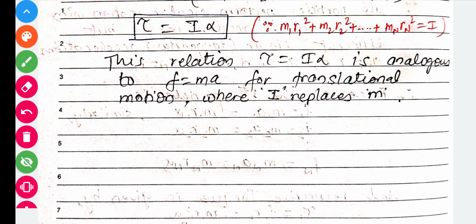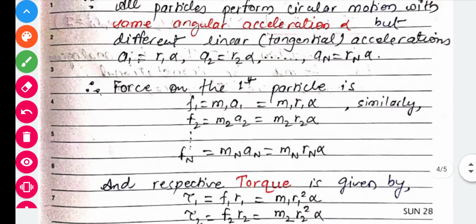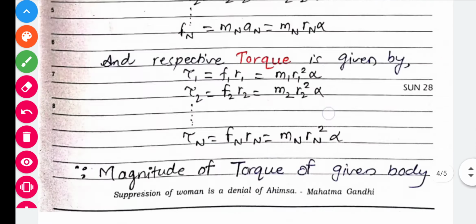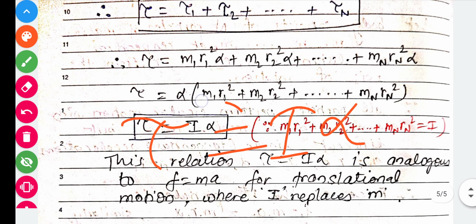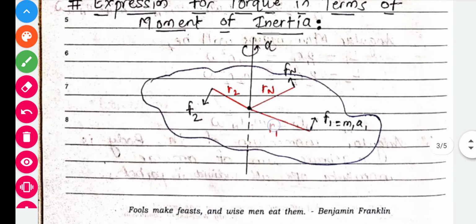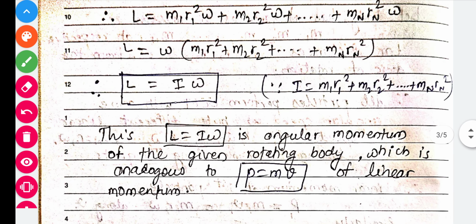So these are the two expressions we have covered here. One expression is for torque in terms of moment of inertia, that is torque is equal to I into alpha, and the first expression was angular momentum, that is L is equal to I into omega.